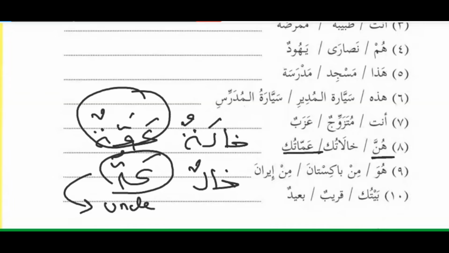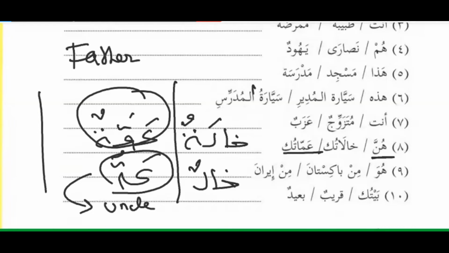What I told you last time: we have Ammun and Ammatun, this is the father side, and Khalun and Khalatun, this is the mother side. This is paternal and this is maternal side.